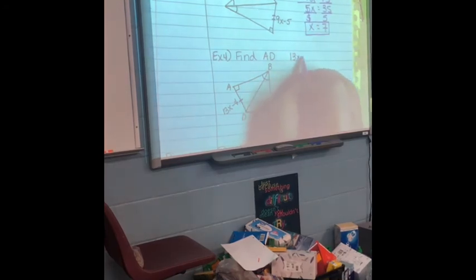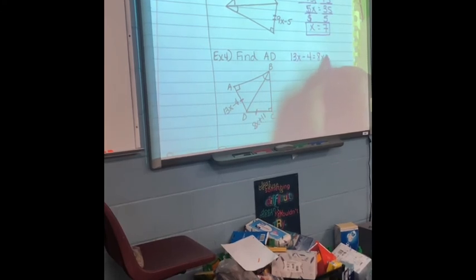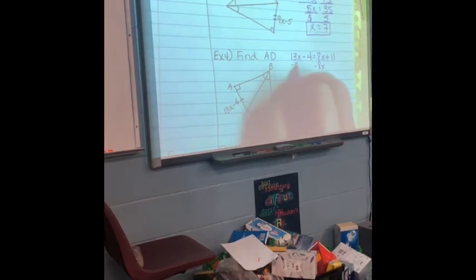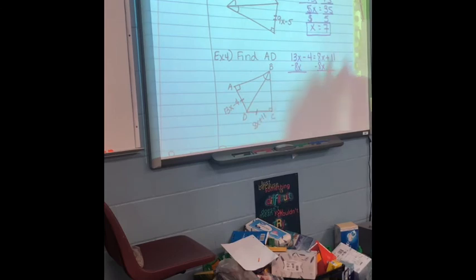So I have 13x minus 4 equal to 8x plus 11. So I'm going to solve for x first. So I'm going to subtract 8x from both sides. And that gives me, what, 5x minus 4 equal to 11.